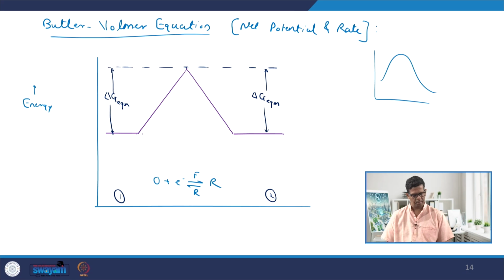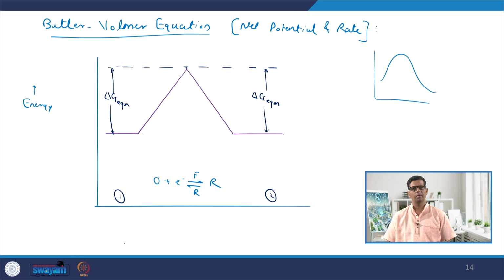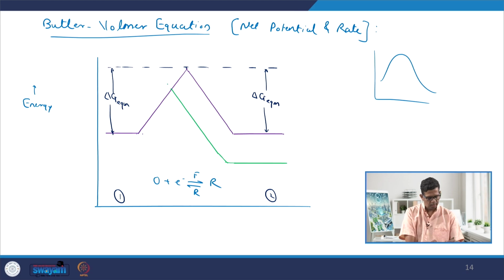Since we are going to favor one particular reaction, we have to tune or rather change these reaction barriers. So if you want to favor the forward reaction, this will be changed to a new state. So this will be like this. This is our new state of the condition.